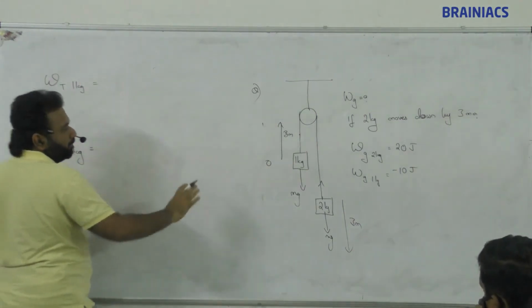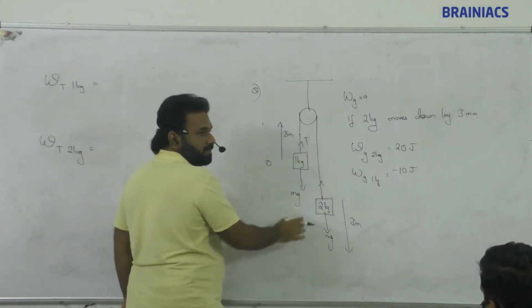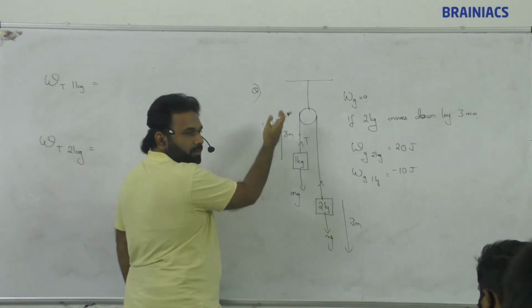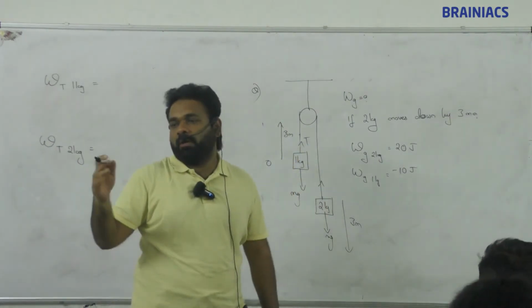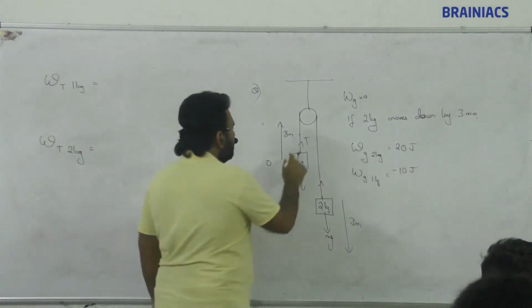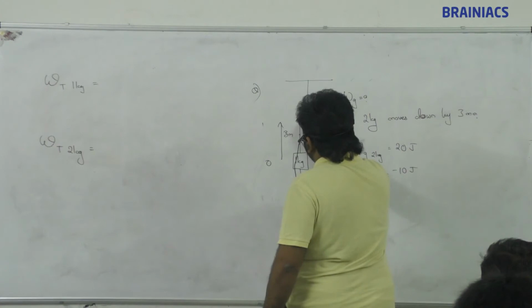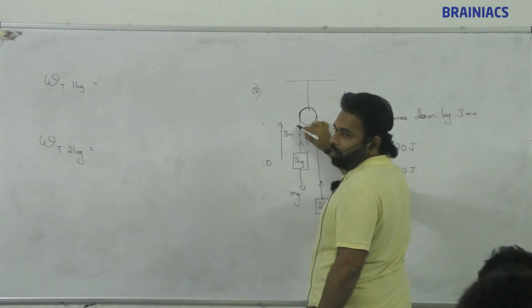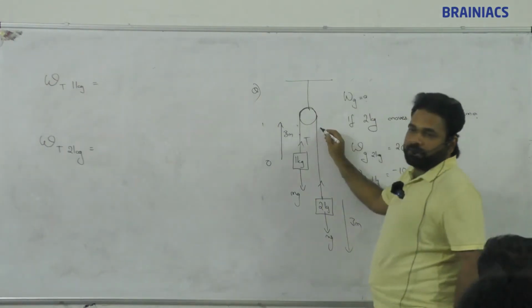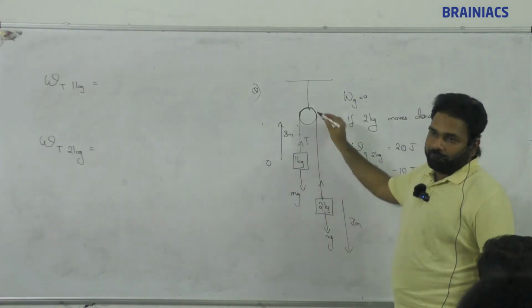See, children, look here. If mg is acting in this direction, tension will be away from the body. All tension forces will be away from the body. Same wire, same wire.